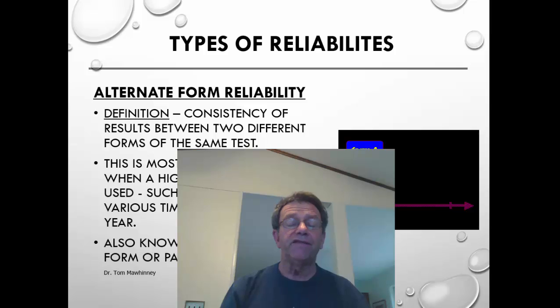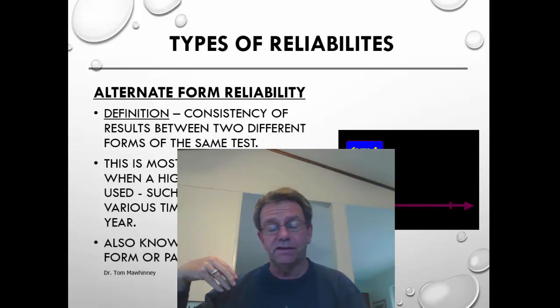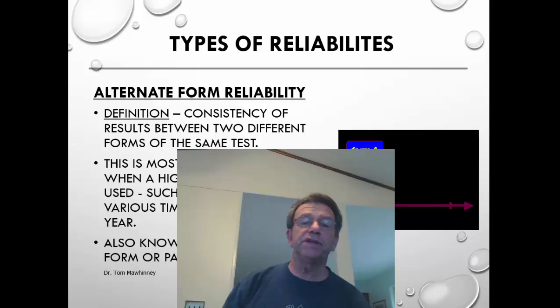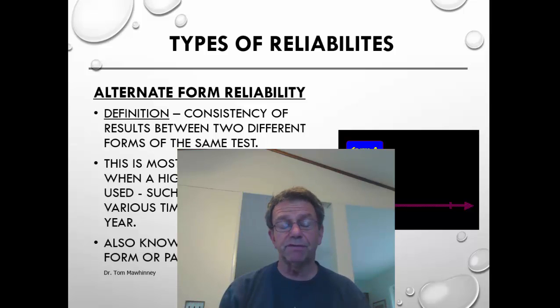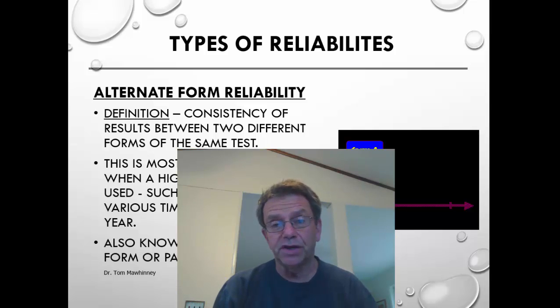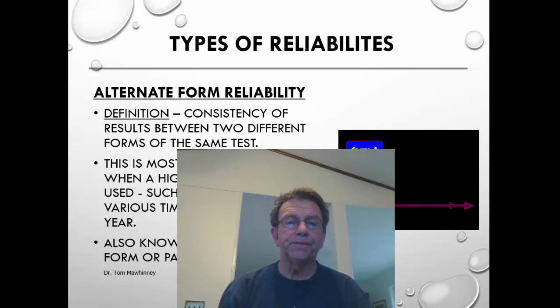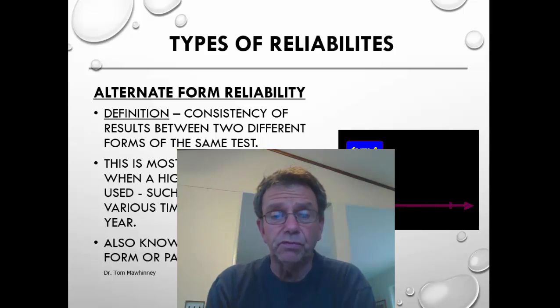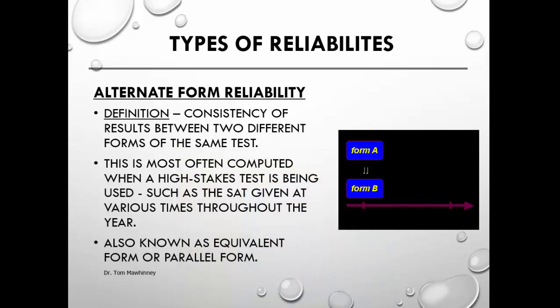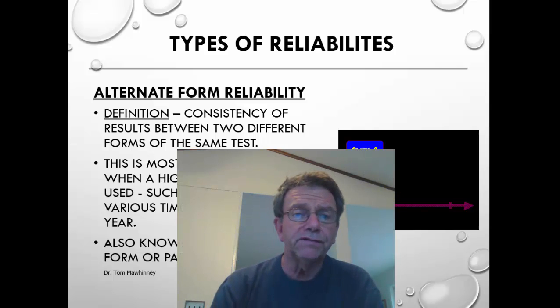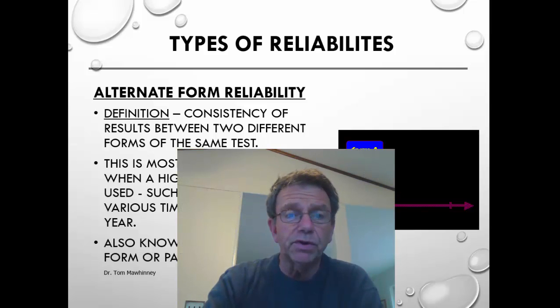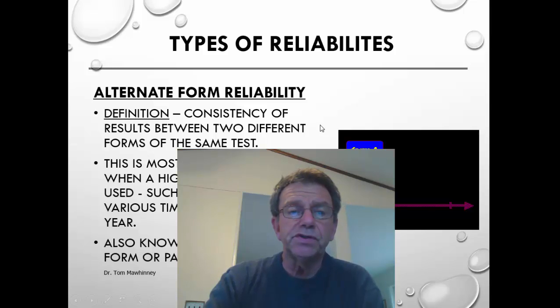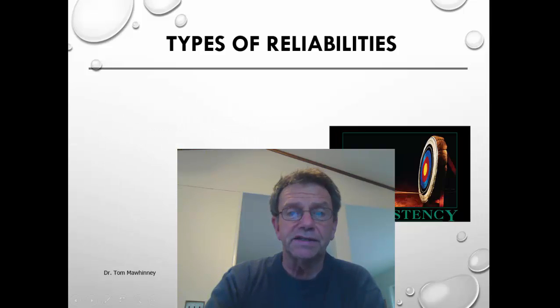So if I took the SATs in October, I should get pretty much the same results as what I would get if I took it in May. As I mentioned, it's often computed when a high-stakes test is being used and given at different times throughout the year. It's also known as equivalent form or parallel form. So alternate form reliability, that's one of your vocabulary words: consistency of results between two different forms of the same test.